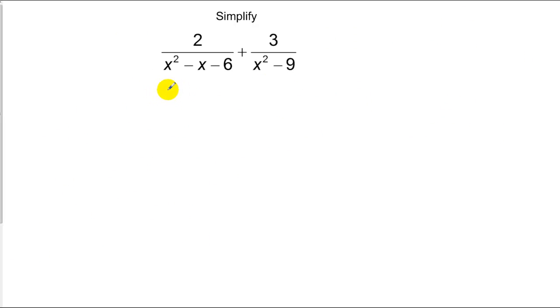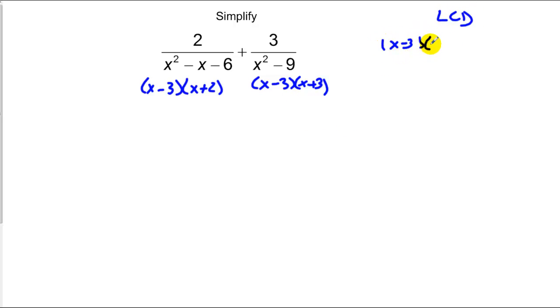Let's go ahead and go through the same process here. Factor the denominator in both cases. You'll notice I have the x minus 3, the x plus 2, and the x plus 3 and x minus 3.